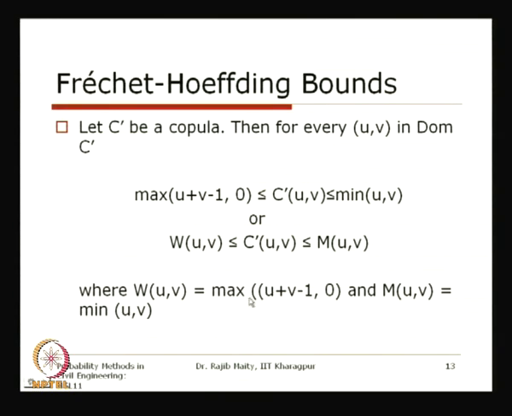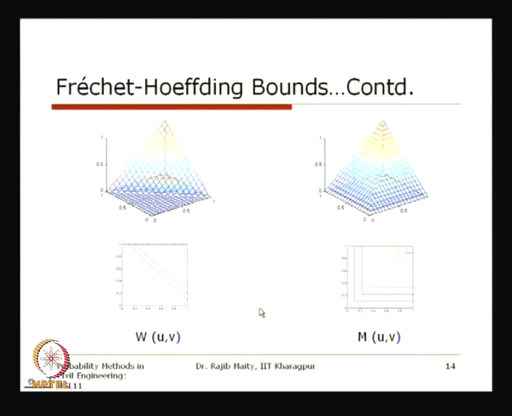Now we will see how these bounds look. First we will take the lower bound. These are the two surfaces that we have drawn, the lower bound and the upper bound, and these are their corresponding contour diagrams.